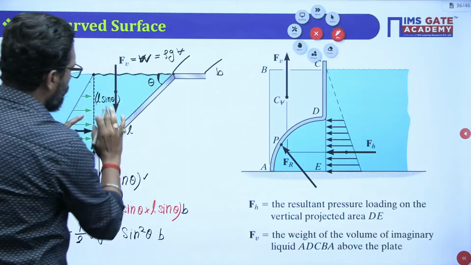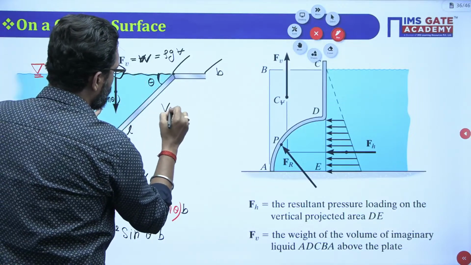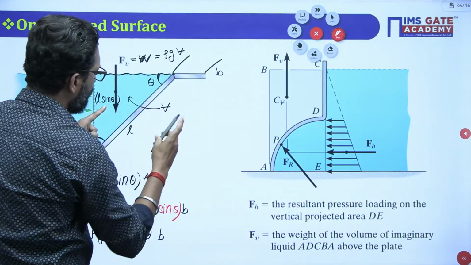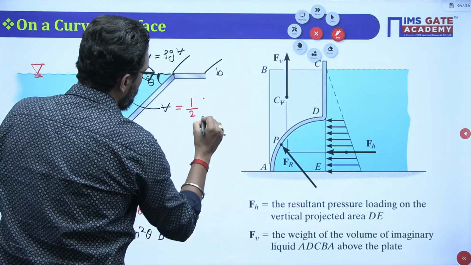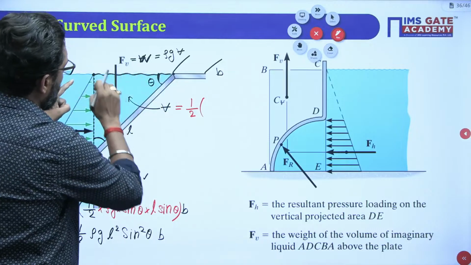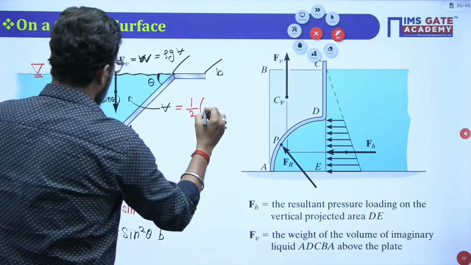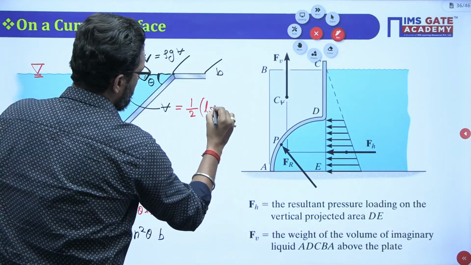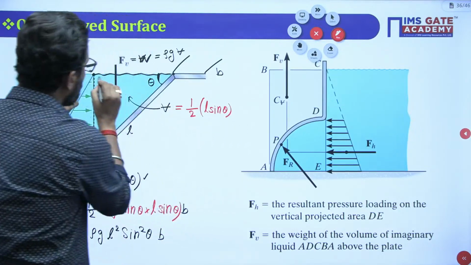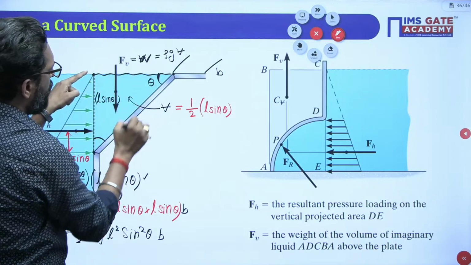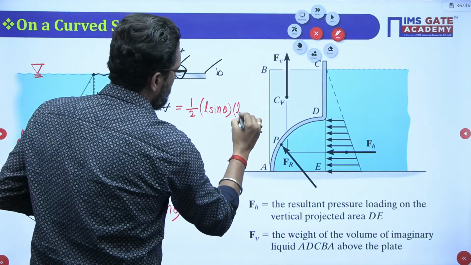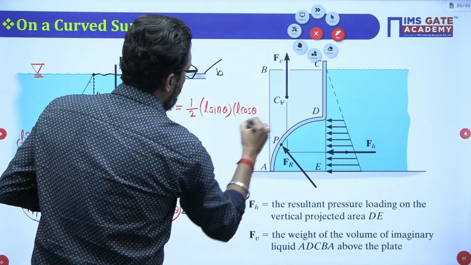First calculate the area: half into base and height. The height is L sine theta, and the base is L cos theta.